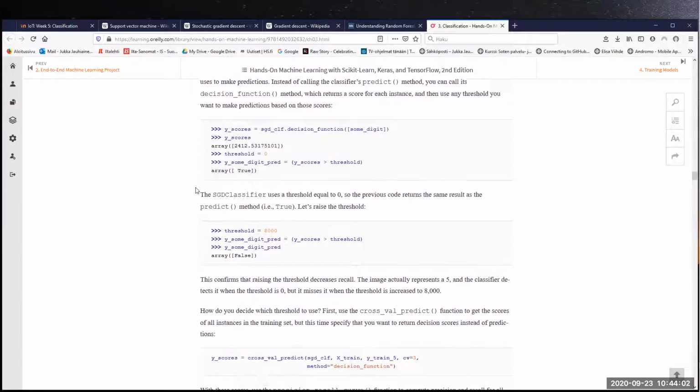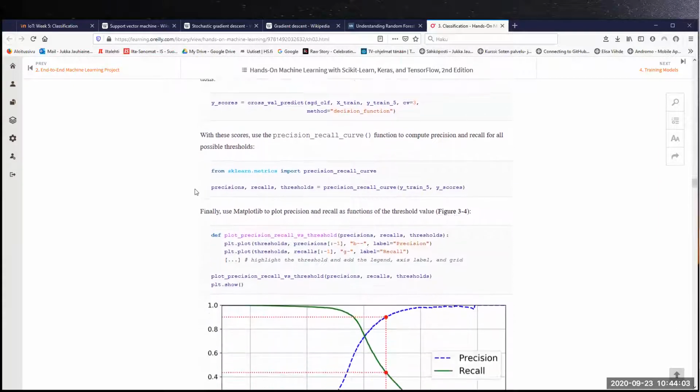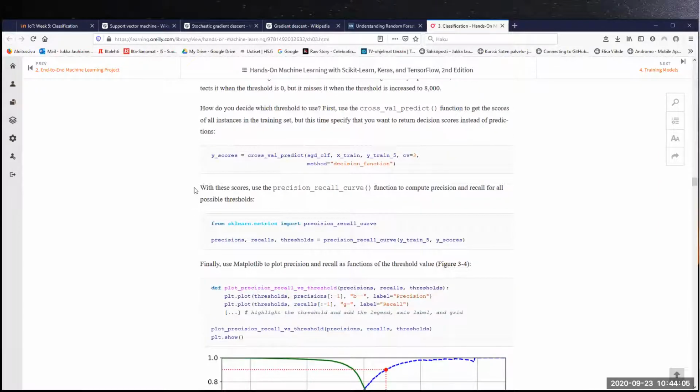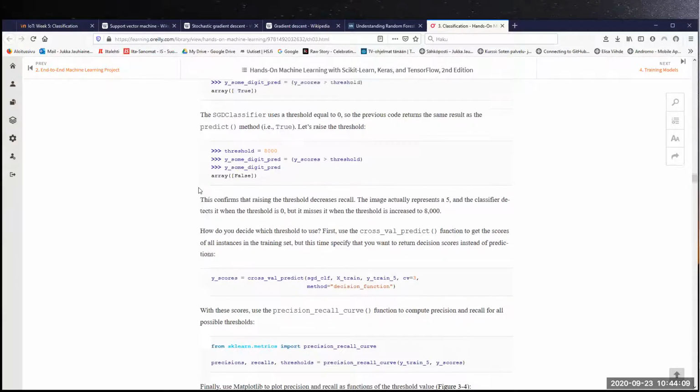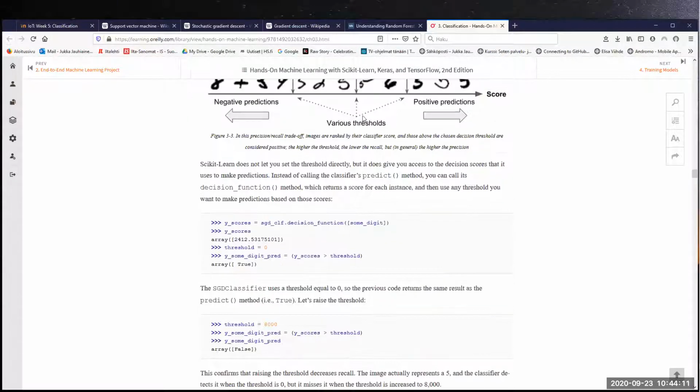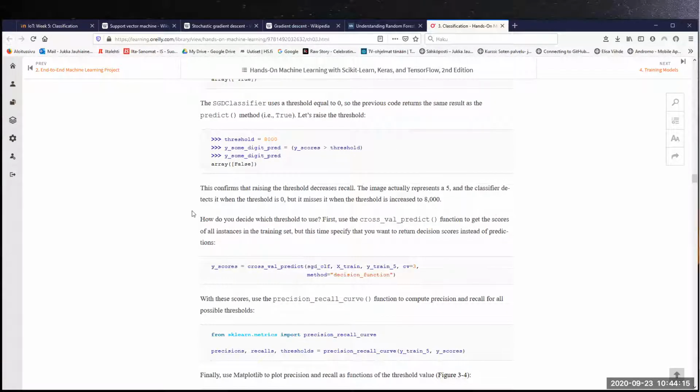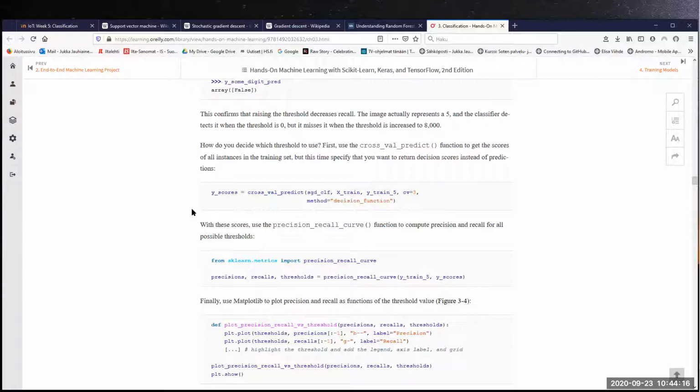Okay, here are some coding details that I'm not going through. You can't set the threshold manually, but the program somehow magically determines it for you.